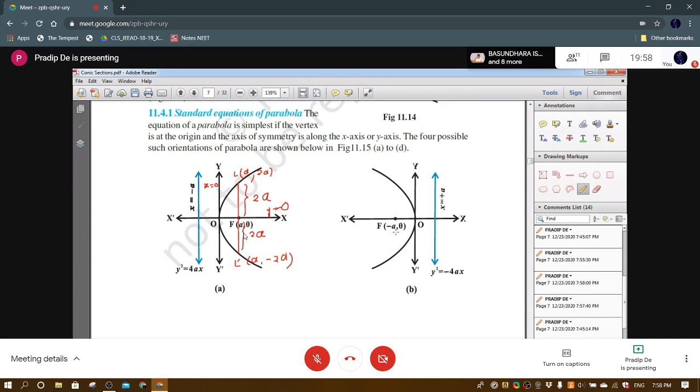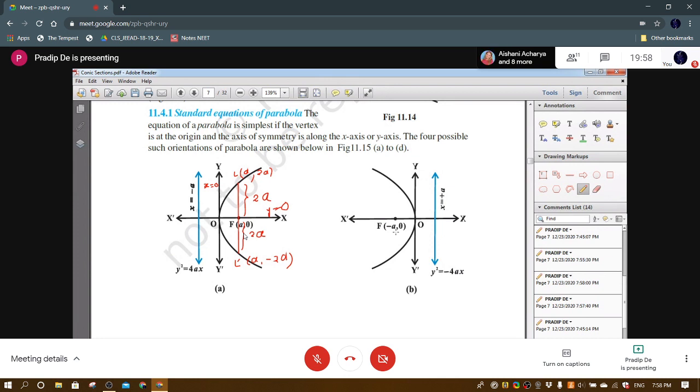Number 5, endpoints of latus rectum, minus a comma 2a and minus a comma minus 2a. Number 6, axis, x-axis, y equal to 0. Yes. Then the tangent to the parabola at the origin, at the vertex, y-axis, that is x equal to 0.